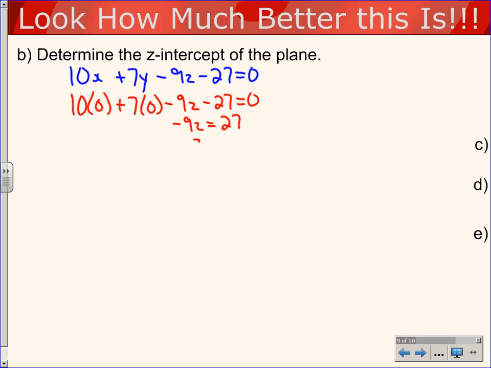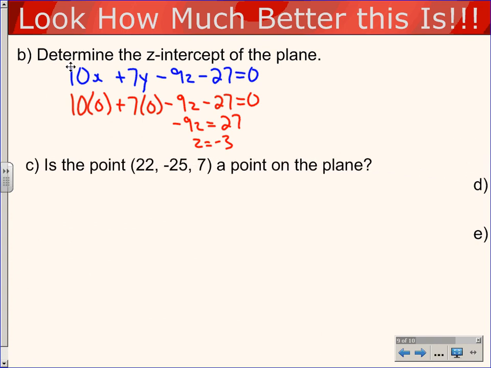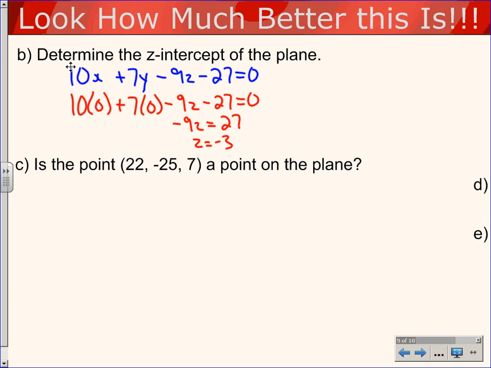Then we did this one. Is the point 22, minus 25, 7 a point on the plane? And to do that, what we did was we picked two of the values, subbed them in for x and y, solved the parametric equations to find our two parameters, and then subbed them back in and checked to see if z really was equal to 7. Well, this time what we're going to do is sub in each of the values, and we're just wondering if it actually equals 0.